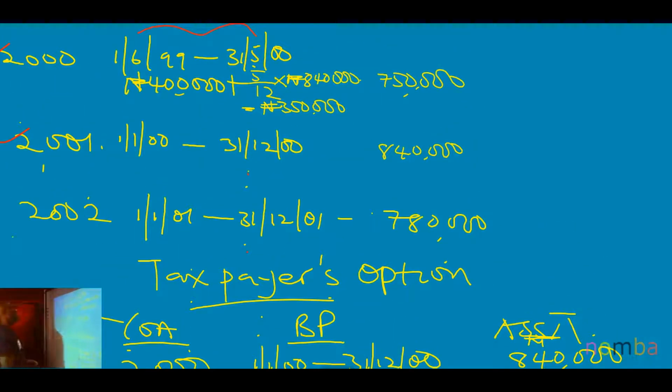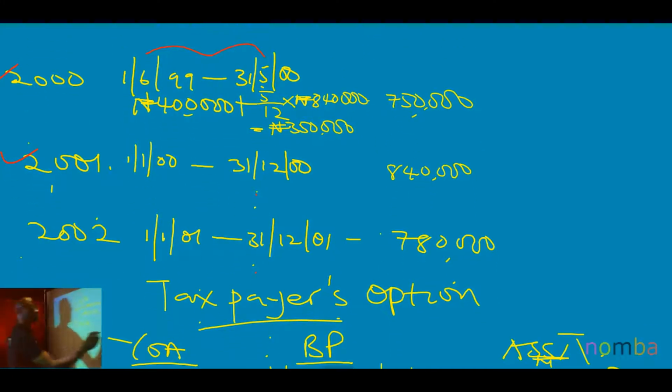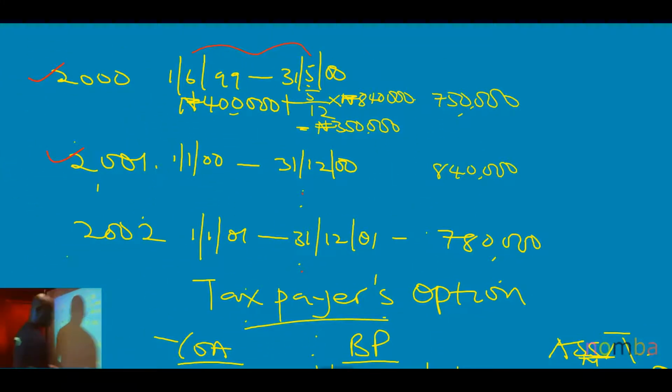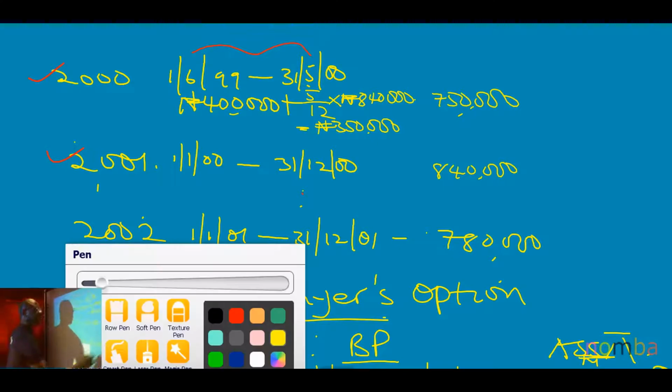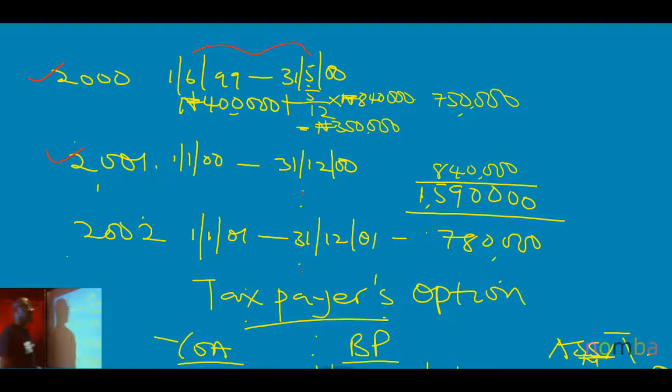We'll go and do the same thing for those 2 years up there. Which 2 years? The second and the third year, year 2000 and year 2001. You can do a small calculation there by the side. This will give me 1,590,000.